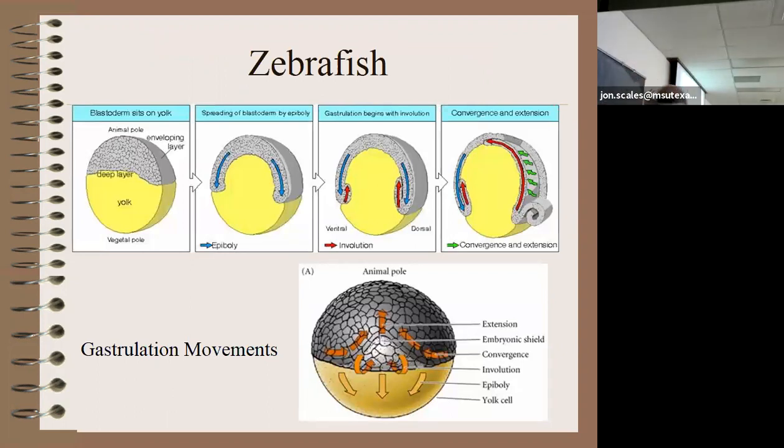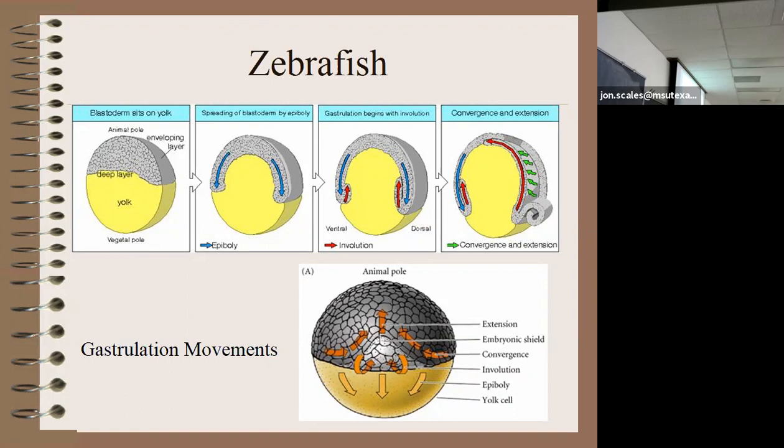So this just shows a little more detail about those cell movements. The first cell movements are actually the epithelial movements, and then the mesodermal cells involute and give rise to the mesodermal layer, and that starts on the dorsal side. So you do have sort of the lip. This is called the shield stage, where this is moving down and enclosing that.